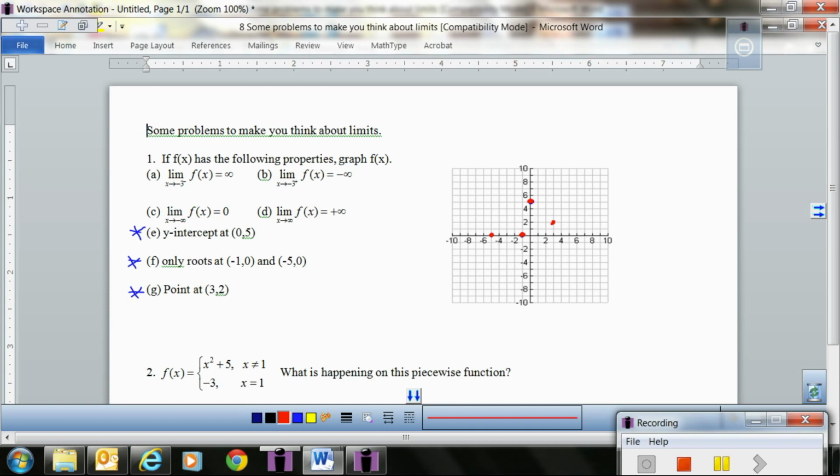So the thing I want to think about is, what does that mean? If you go to a number and you get an infinity answer, there's a vertical asymptote at that x value. So at -3, I'm going to draw a dashed line to indicate that there is an asymptote.